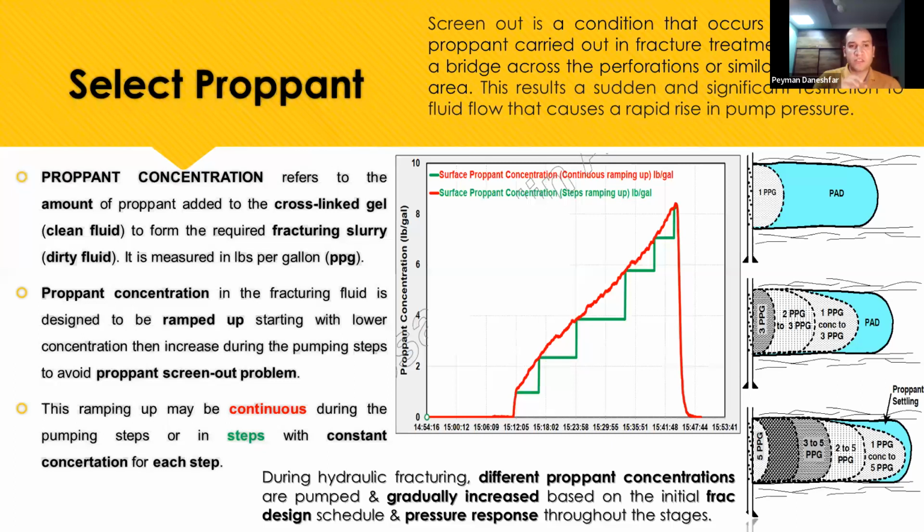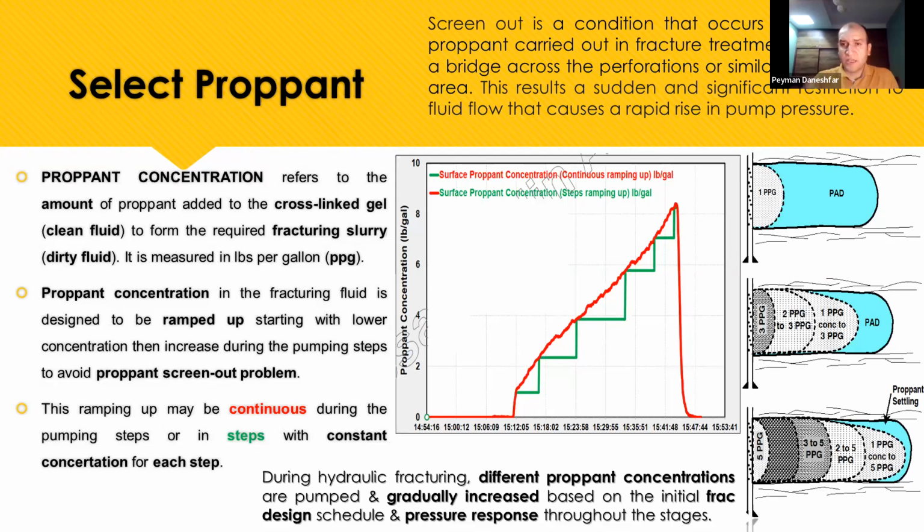The proppant concentration consideration is more important for us because we should ramp up gradually. During hydraulic fracturing, different proppant concentrations are pumped and gradually increased based on the initial frac design schedule and pressure response.